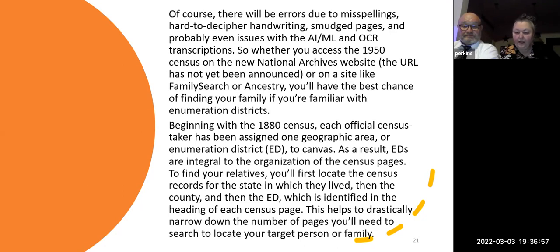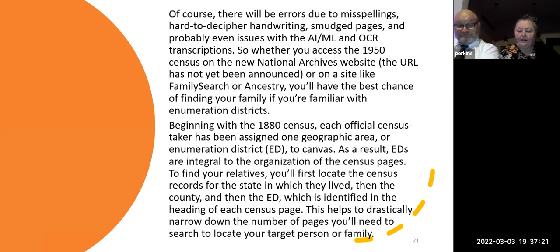As a result, the census pages are organized by enumeration districts. And so to find your relatives, you're first going to need to locate this. If you don't find them in that name search, you're first going to need to know the state they lived in, and then the county, and then their address.